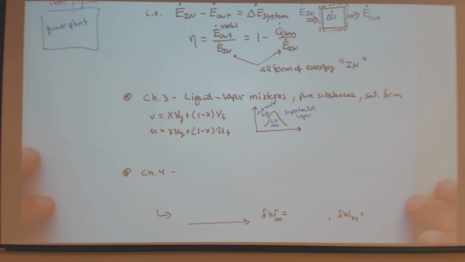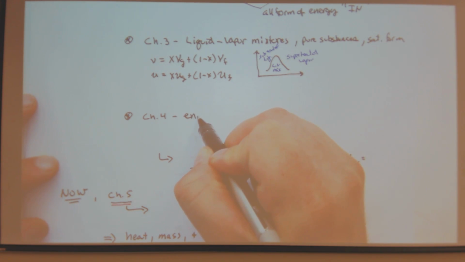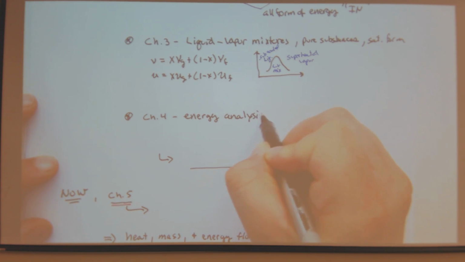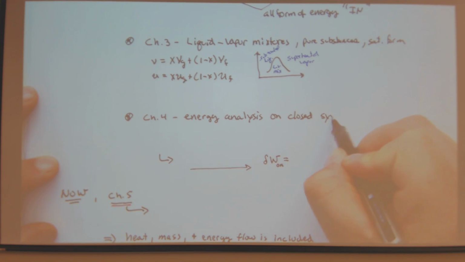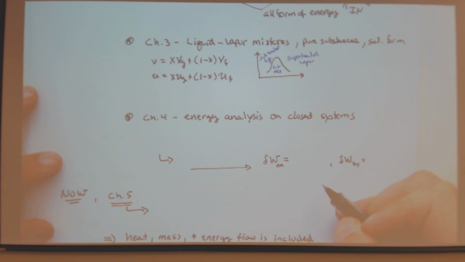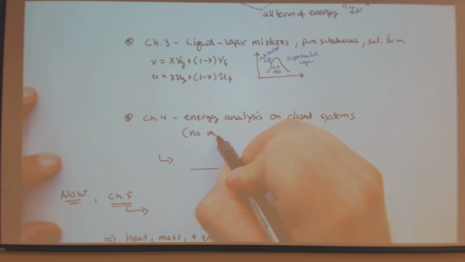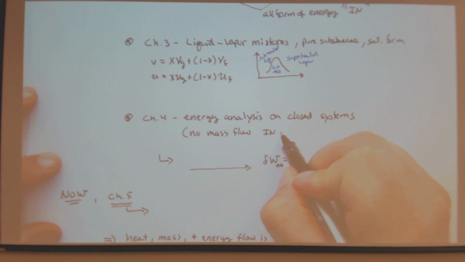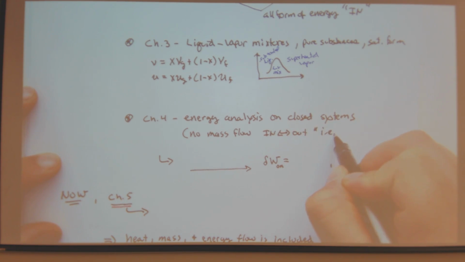And then we moved on to chapter 4, which dealt with energy analysis on closed systems. So, closed system, no mass flow. In, out, E across the boundary.